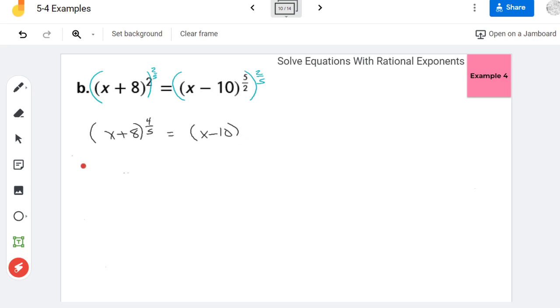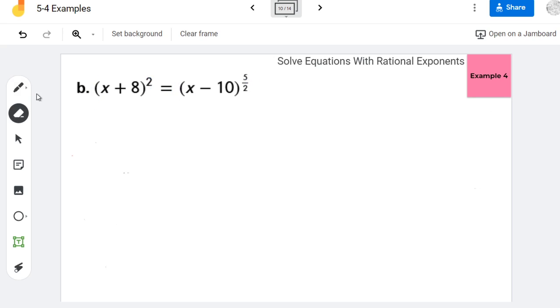Now, I did try a trick to see if it would simplify. I said, what if instead of raising it to the 5/2, what if I called this square 4/2?